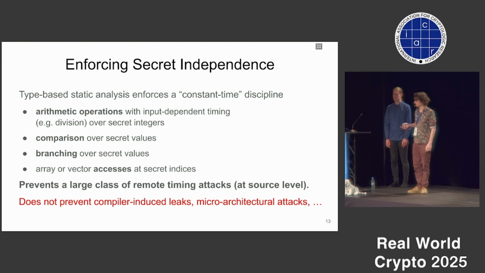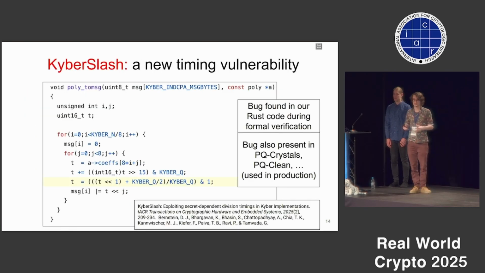Another thing to look at is secret independence. As we all know, it is very important. In our implementation of ML-KEM, we stick to a standard discipline, and we enforce this discipline using Rust types. Note that it's quite a crude discipline. It doesn't prevent compiler-induced leaks or microarchitectural leaks. But even if it's very standard, we actually found a timing issue in our code.